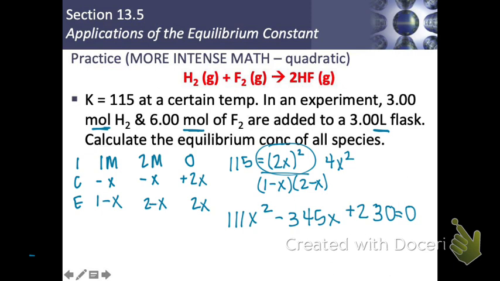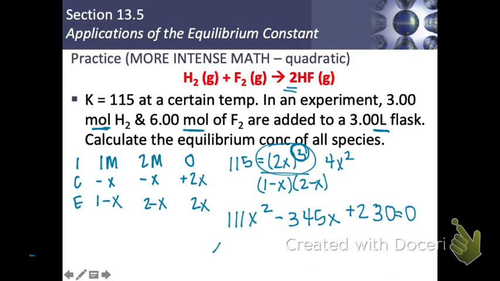To get my quadratic set equal to 0, I had to subtract that over, because that's going to make this squared in my K equation. So that's going to make it just a teensy bit different.